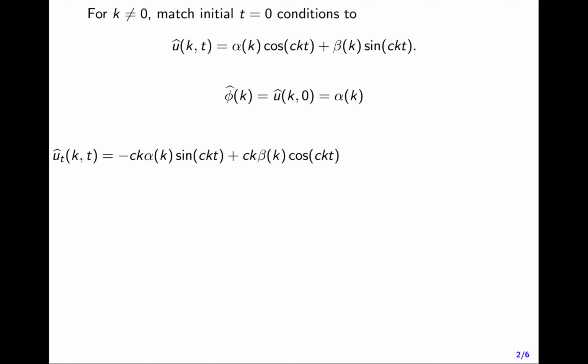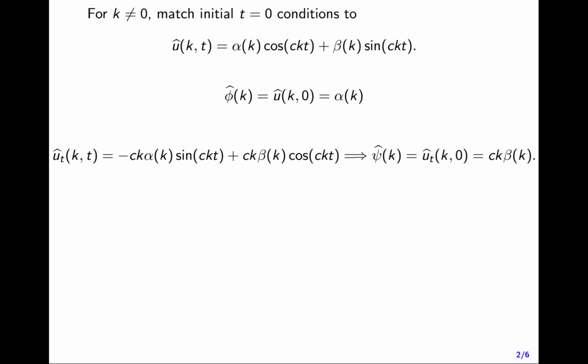Now let's differentiate the formula at the top of the screen with respect to t. U hat_t(k,t) is minus ck alpha(k) sine(ckt) plus ck beta(k) cosine(ckt). Got a lot of letters there, but just remember I'm differentiating with respect to t. And so that tells me that psi hat(k) is u hat_t(k,0) from my initial Fourier work.